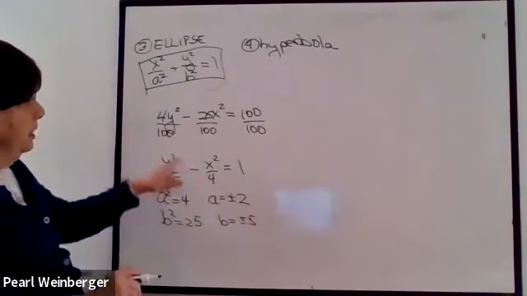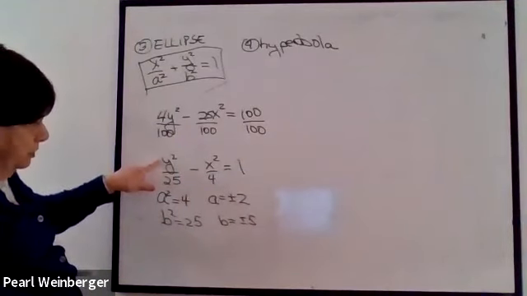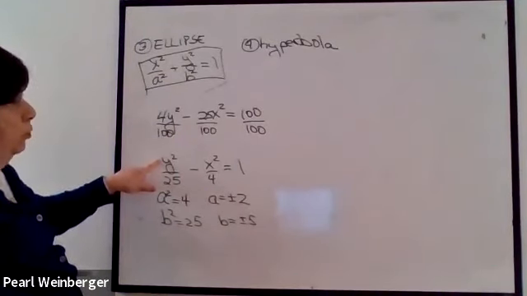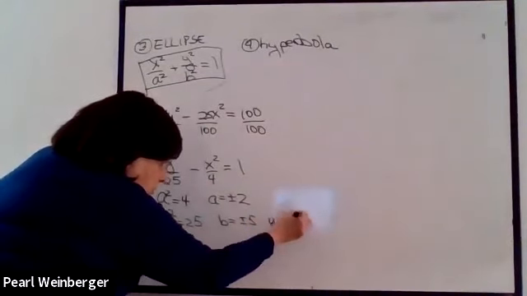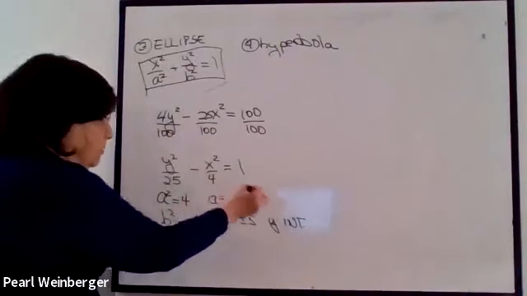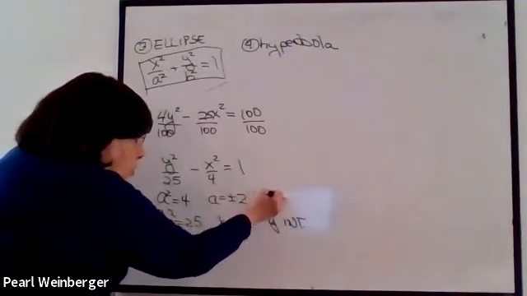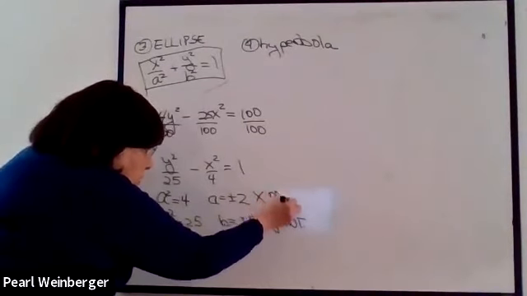Now, since the y squared is positive, we're going to have y-intercepts. But since the x squared is negative, there are no x-intercepts.